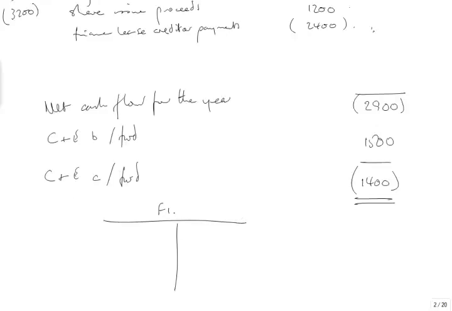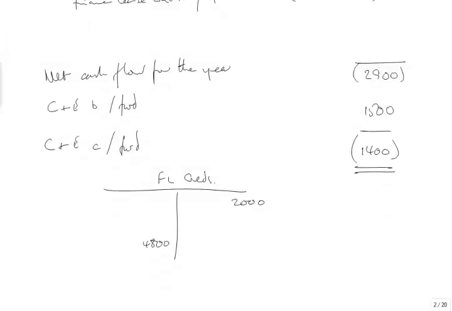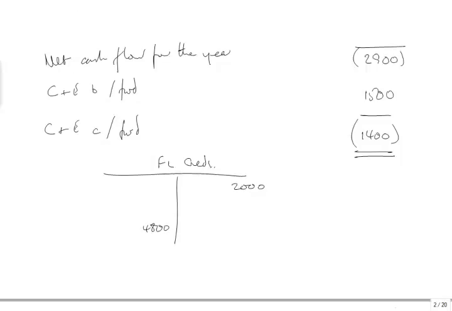I've got a long-term liability brought down of 2,000 and carried down of 4,008. I've got a short-term brought down of 800 and carried down of 1,007.